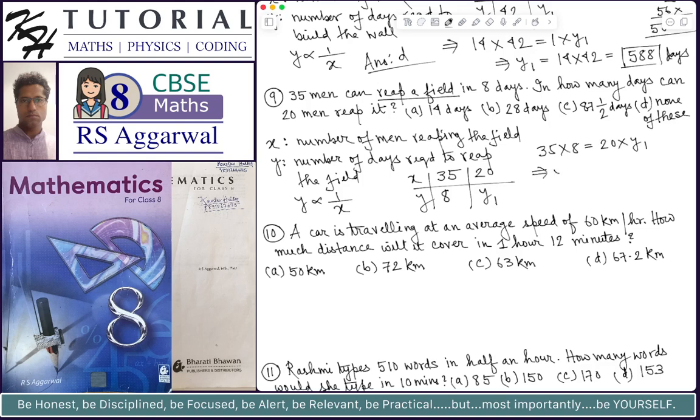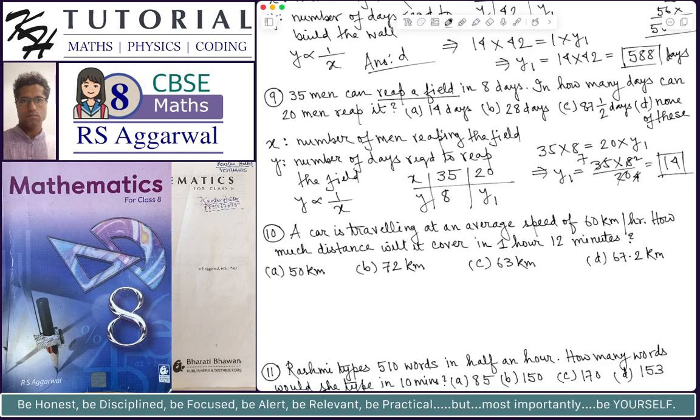This implies y1 is equal to 35 multiplied by 8 divided by 20. So 5, 4 are 20, 5, 7 are 35, 2... this is 14. So 20 men will reap the field in 14 days.